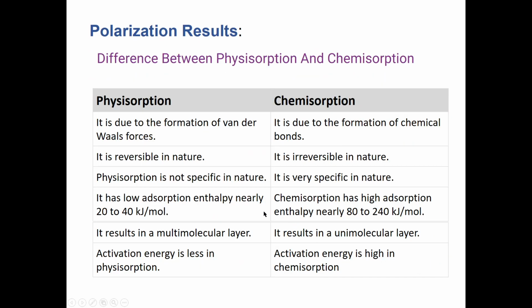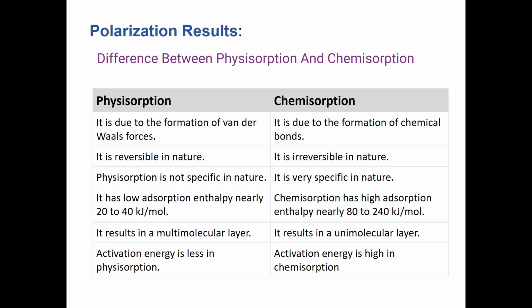So you can see that, as we know, physisorption is because of weak van der Waals forces, while chemisorption is chemical bonding, which is stronger, and chemisorption is irreversible.